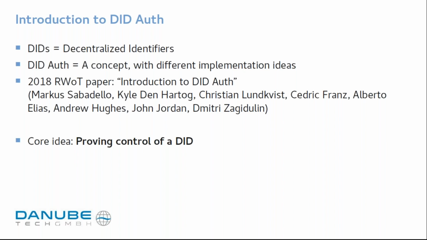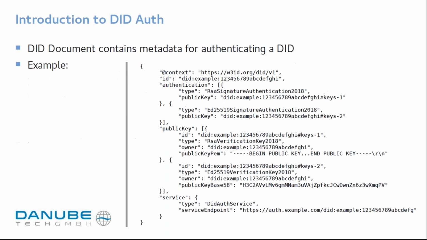Right now it's really a collection of thoughts, a collection of architectures and scenarios for how exactly that could work. There are different variations of the basic idea of proving control of a DID. This can come in different flavors and different concrete implementations, and we'll go into that a little bit in the following slides.